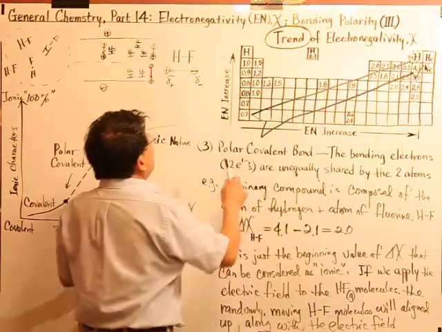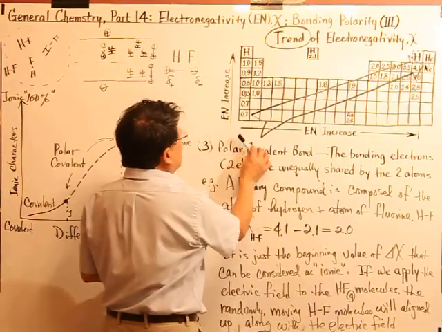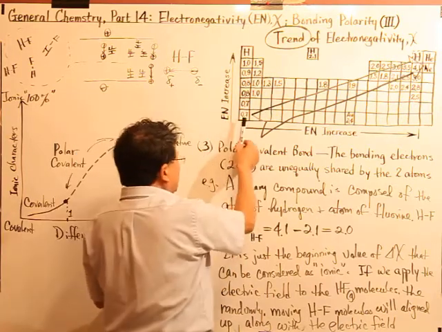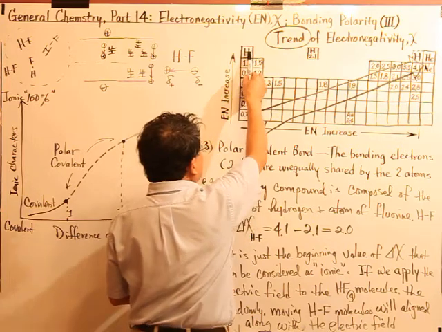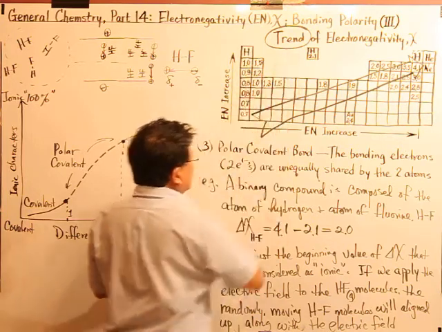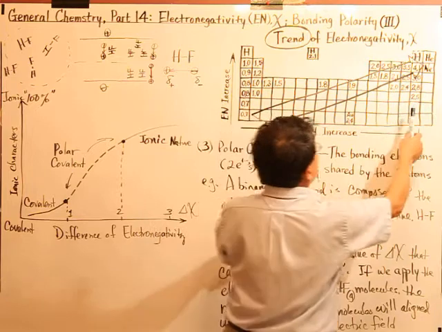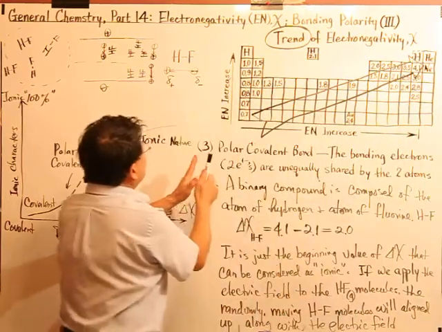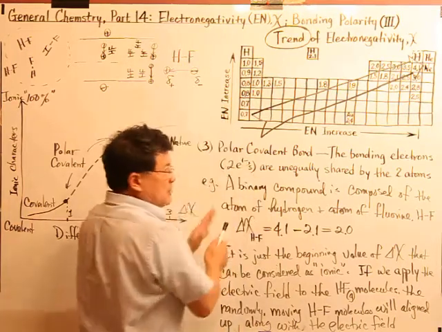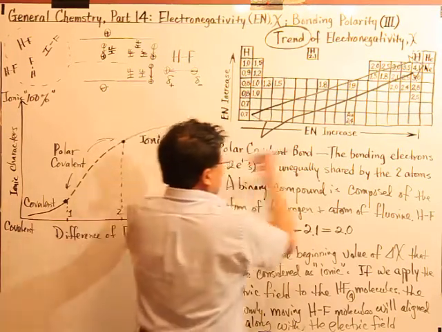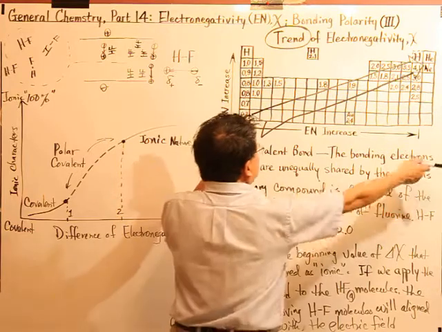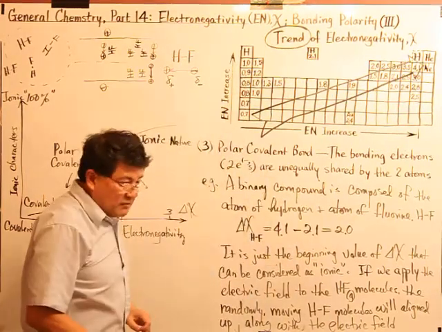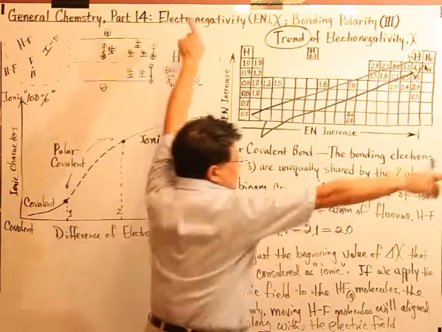But if you go from the bottom up for each family, the value of electronegativity goes up: 0.7, 0.8, 0.9, 2.1. And the same thing for halogens, 2.5, 2.3, 4.1. So going from left to right it increases, and going from the bottom to the top along the family column it increases. So you have both increasing like this.